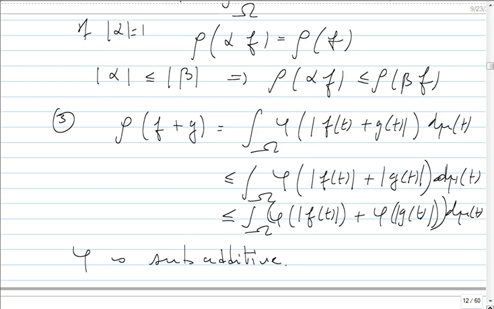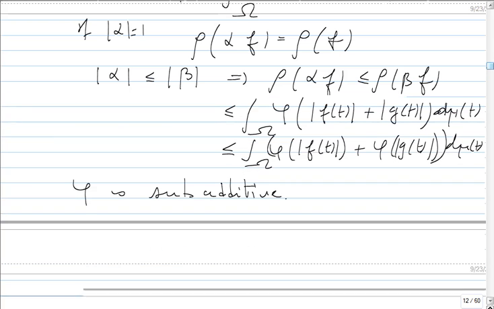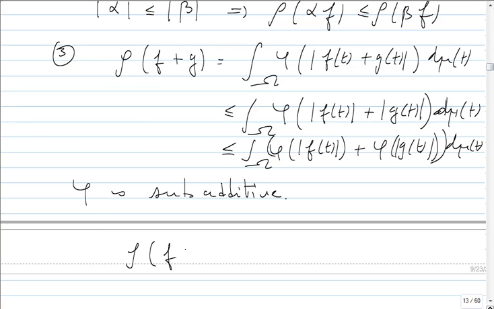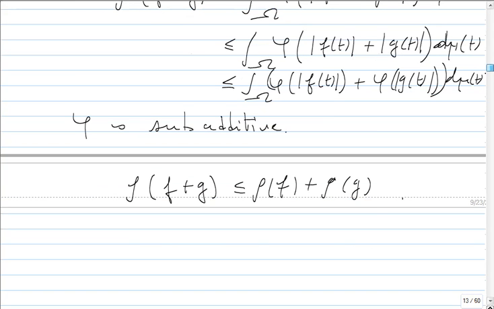So if phi is subadditive, then we have rho of f plus g less or equal than rho of f plus rho of g. This is true. But if phi is not subadditive, and there are many examples, for example, if we take phi of x equals e^x minus 1, this function has all the properties.